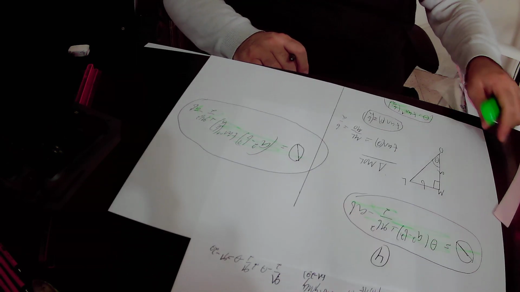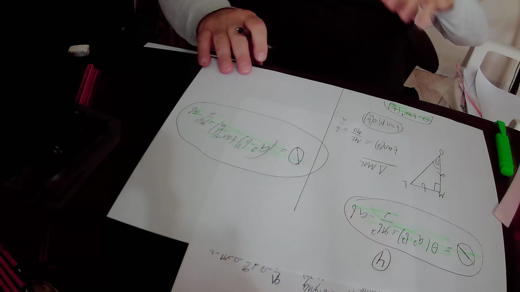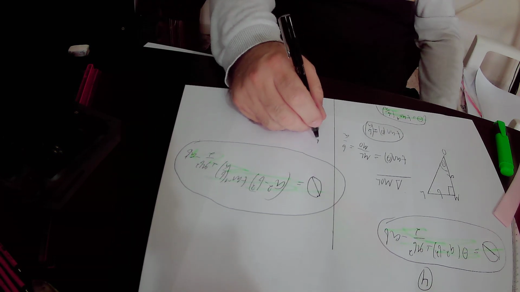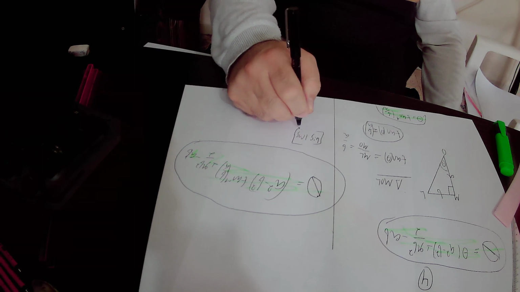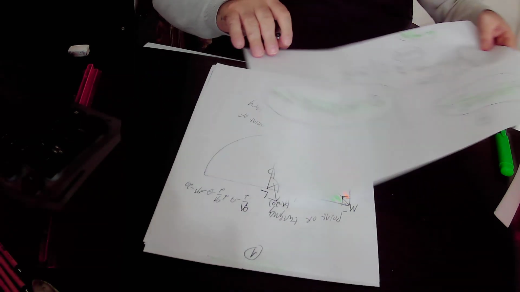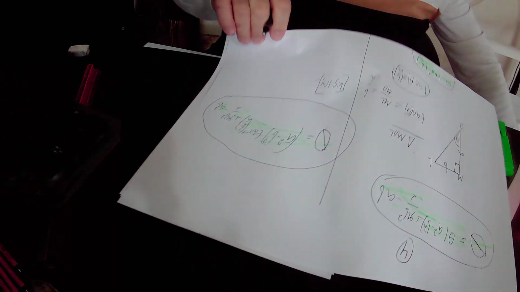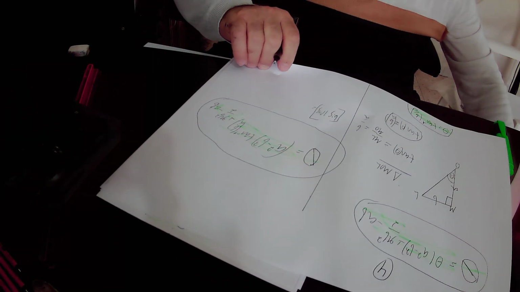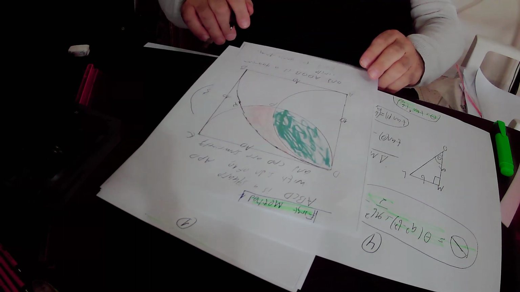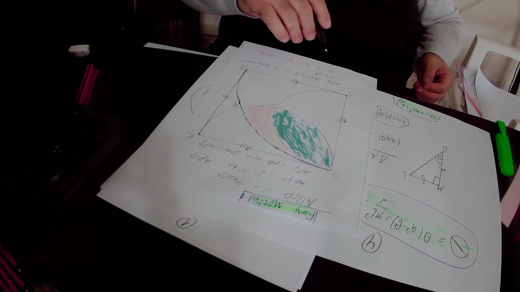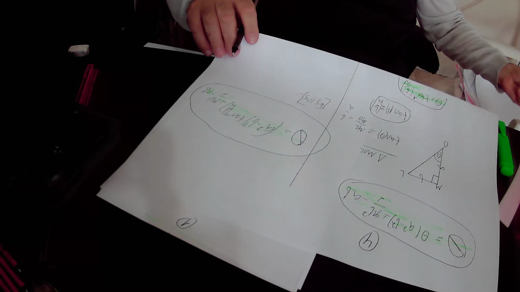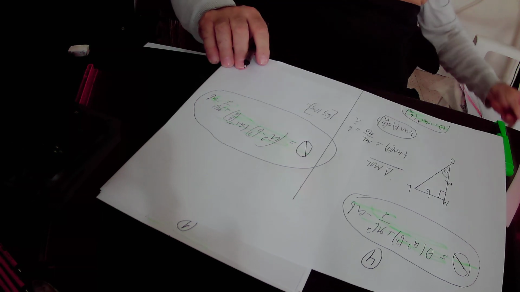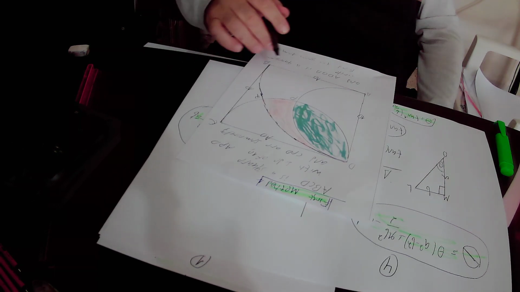So here, first of all, we find the area of the big lens. Actually, the area of the big lens is created by the intersection of the quarter circle with this semicircle. So we need the radius of the quarter circle.